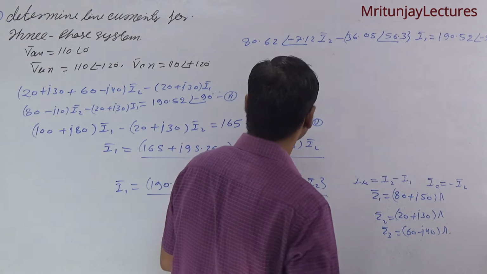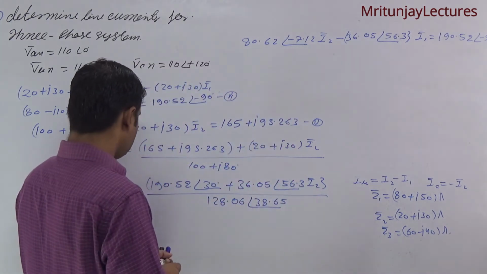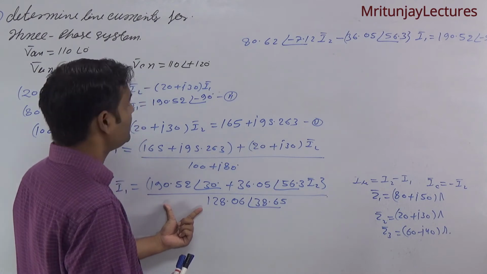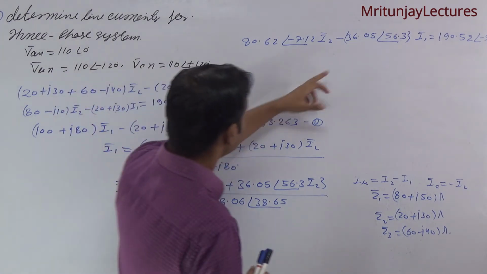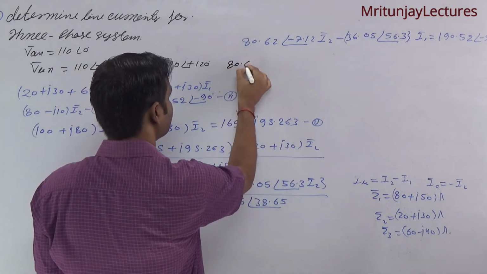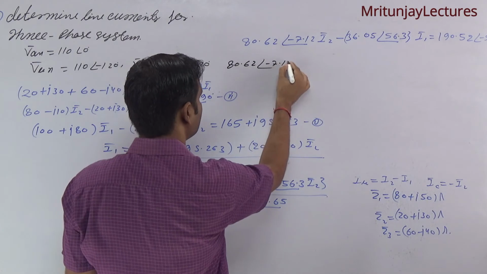Now if this I1 is put here, then we got 80.62 at the angle minus 7.12.